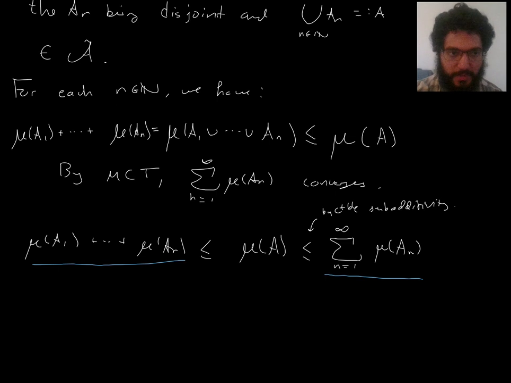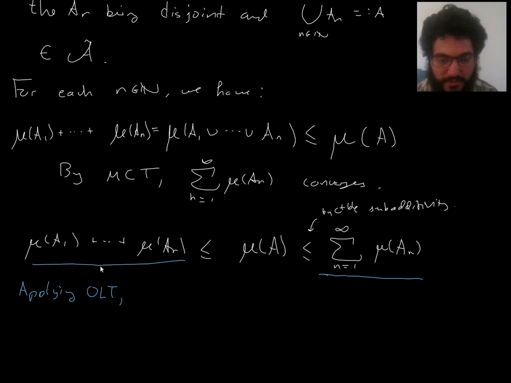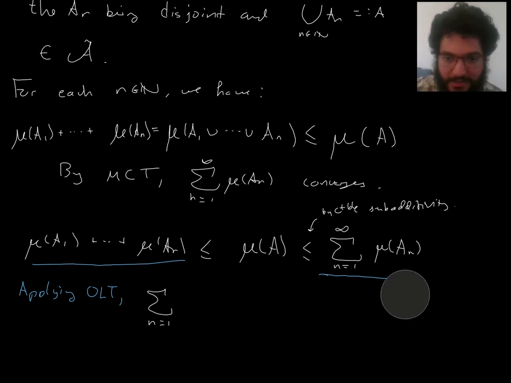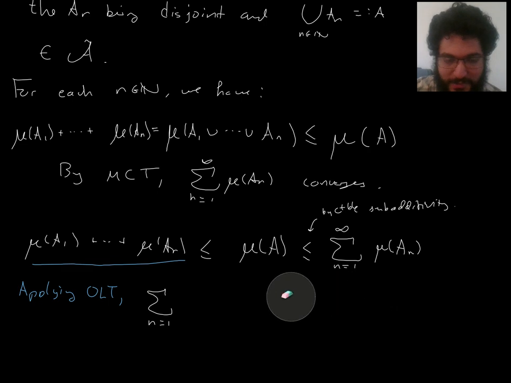So now apply the order limit theorem to this inequality underlined in blue. We get that the limit of this sequence, which is a sequence of partial sums, is this series. I'm sorry, actually, you have probably noticed that that would give us nothing, right?